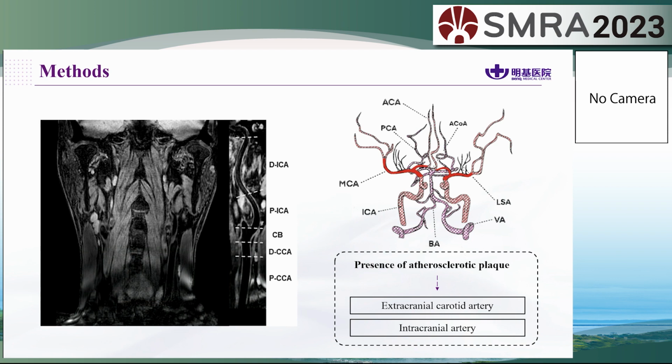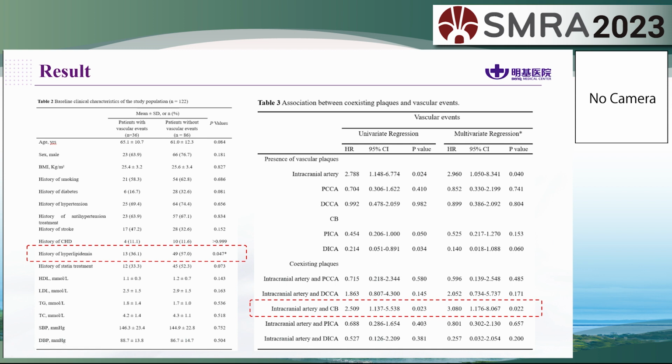On the left, we can see the carotid artery was divided into 5 segments, such as DICA, PICA, CB, DCCA, and PCCA. For the intracranial arteries we used the anterior and posterior circulations, like the MCA and the ACA. In total, we recruited 122 patients.